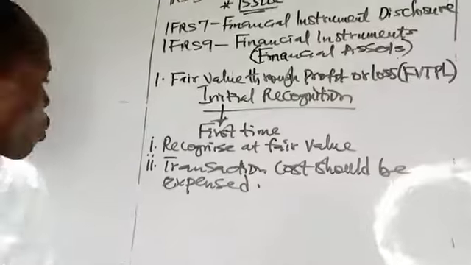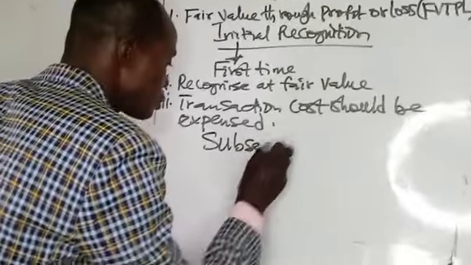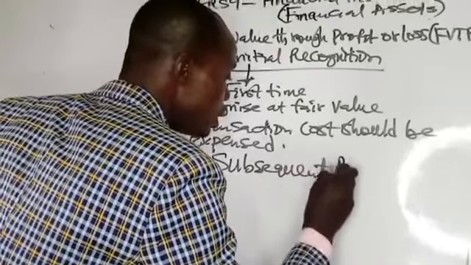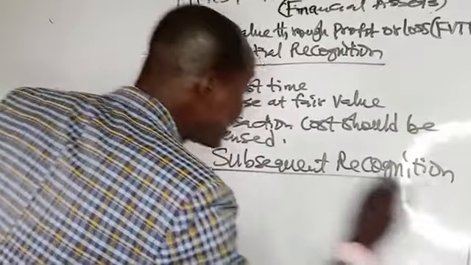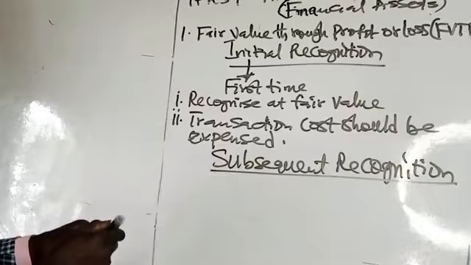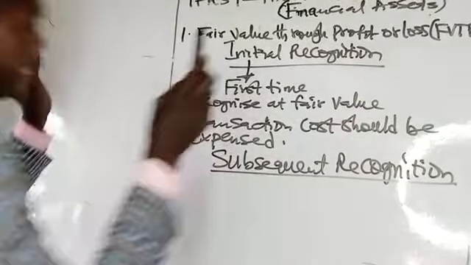Then subsequent recognition. This is not first time now. At the reporting date, how should the financial asset be recognized?